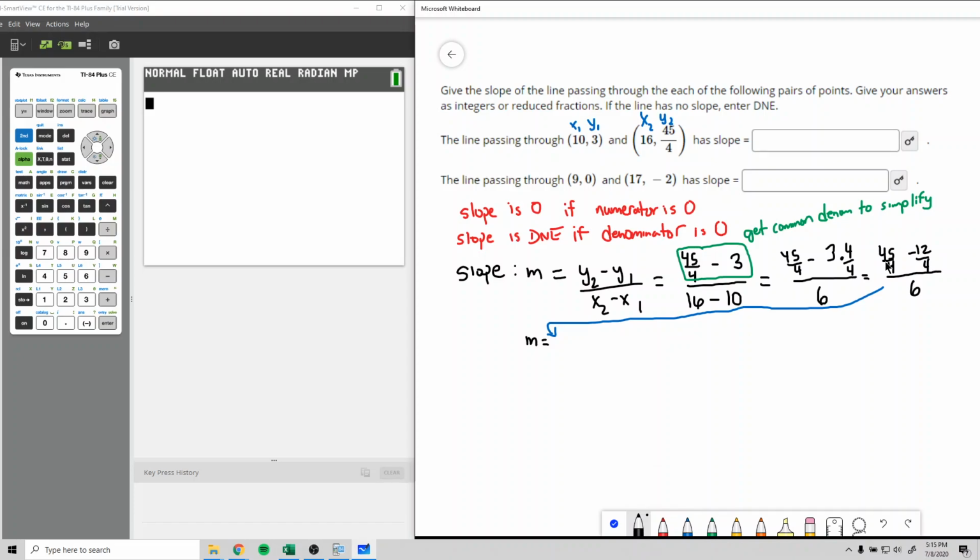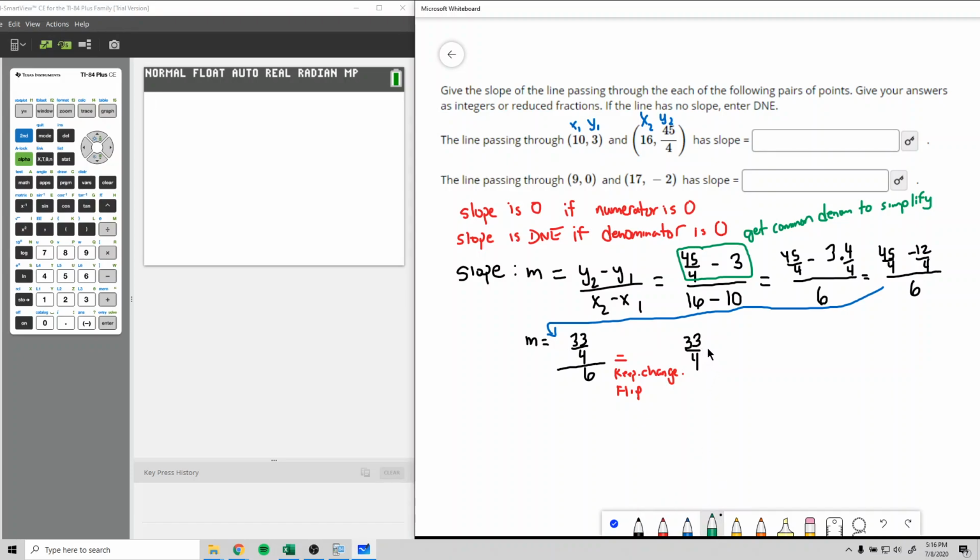Now we can combine these into one because we have a common denominator of 4. So we got 45 minus 12 is 33 over 4. And then that's over 6. Now, one thing you should remember about fractions and fractions is we have to do keep, change, flip to simplify it. If you're not familiar with what that means, what we're going to do is leave the numerator the same.